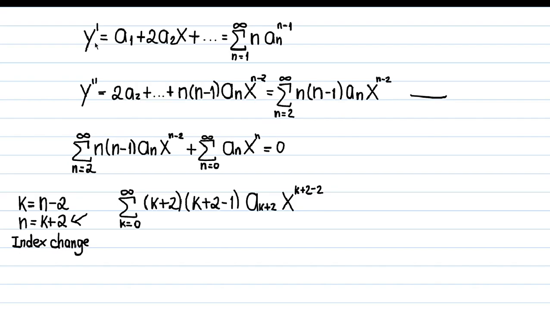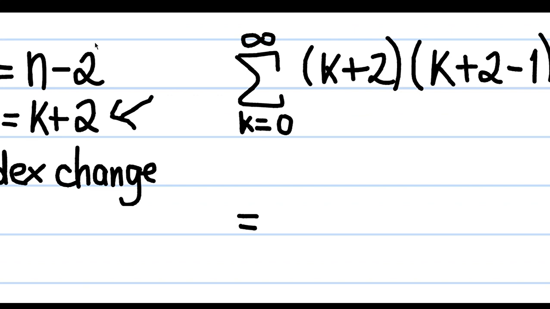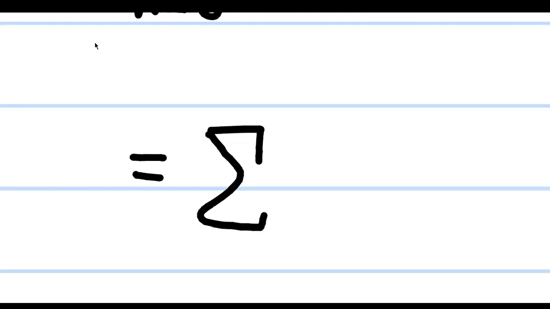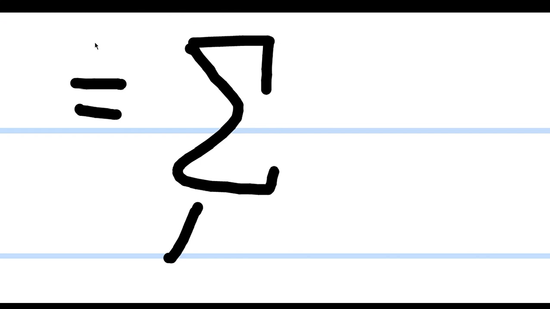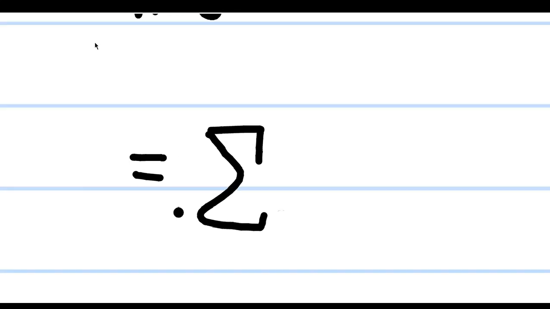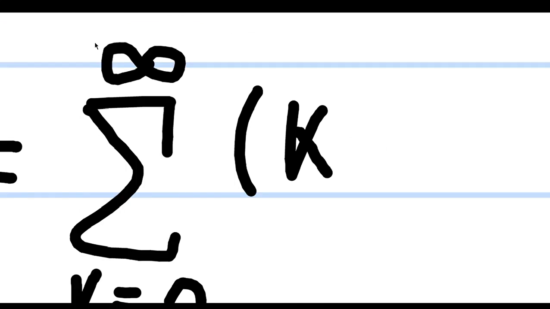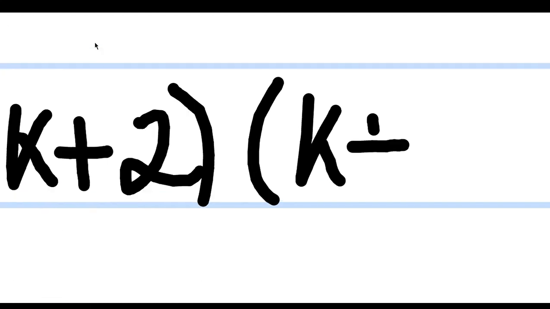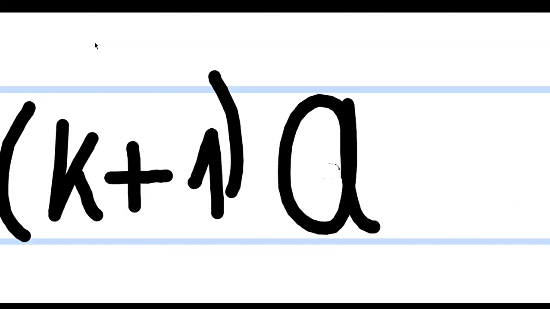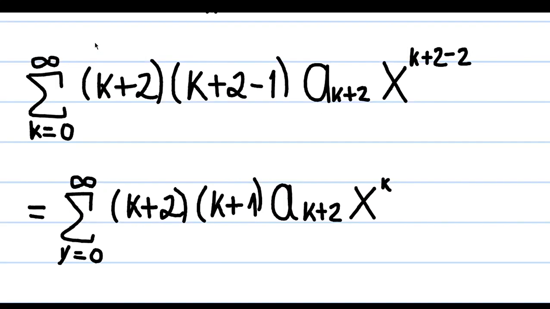And we have the series which starts at k equal to 0 until infinity of k plus 2 times k plus 1, a sub k plus 2 times x to the power of k.